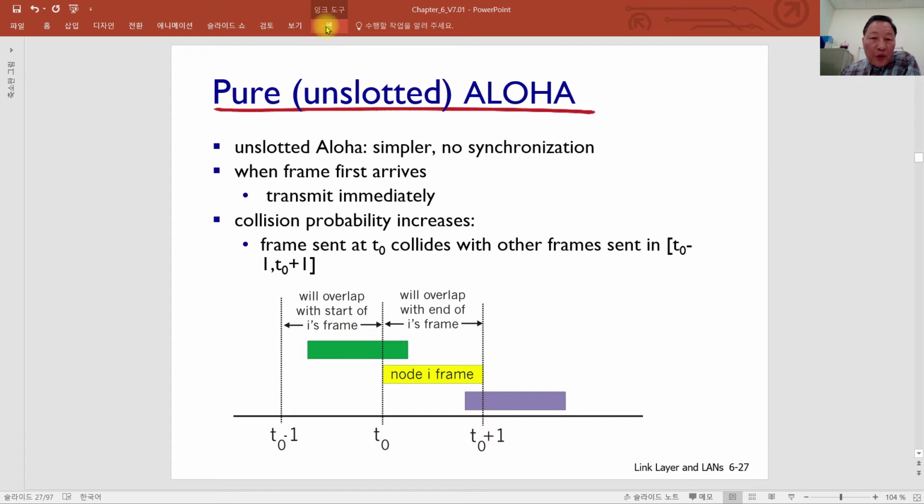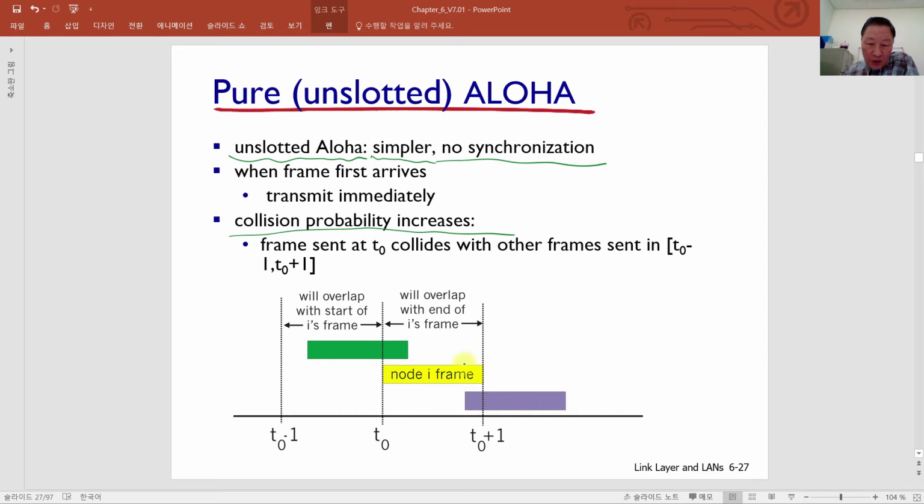This one is about the pure and slotted Aloha scheme, and here is another assumption. This one is using unslotted Aloha. There's no slot. Simpler, because we are not using a synchronization scheme. When a frame first arrives, transmit immediately. There may be more collisions, thus the collision probability will increase.